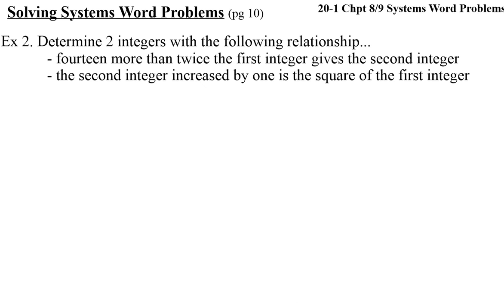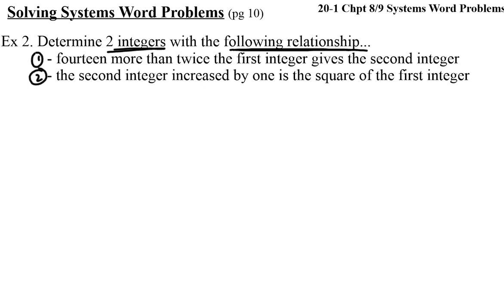Now, second example on that page. This one is less about a real-life application, more about simple, straight-up word problems, reading and interpreting. It's not a real-life situation. It's just number stuff. It wants two integers with the following relationship. We see that there are two relationships here, so that means there are going to be two equations.